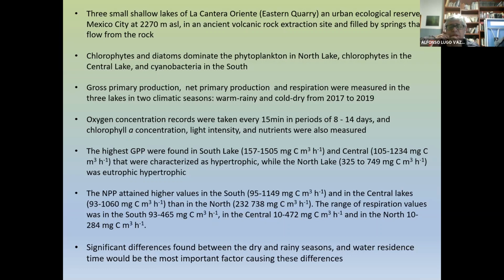Well, yes, we tried precisely to know if they were comparable, and yes, the measures were comparable. We think that the use of continuous measurement could be useful in this case, at least for small lakes, very small lakes, to measure primary production.